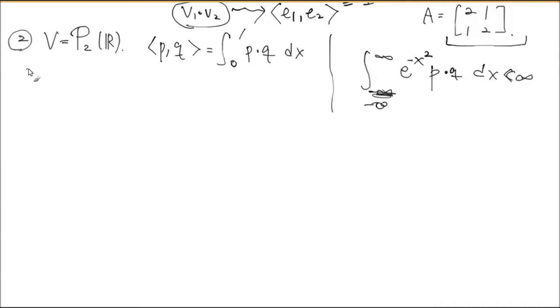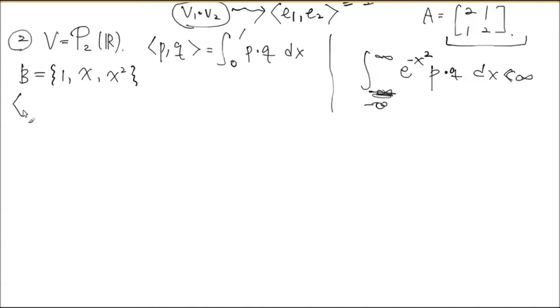But what is the standard basis of the polynomials? 1, x, and x squared, dimension 3. These are linearly independent vectors, and they generate everything. All polynomials are a0 plus a1 x plus a2 x squared, all that, right?